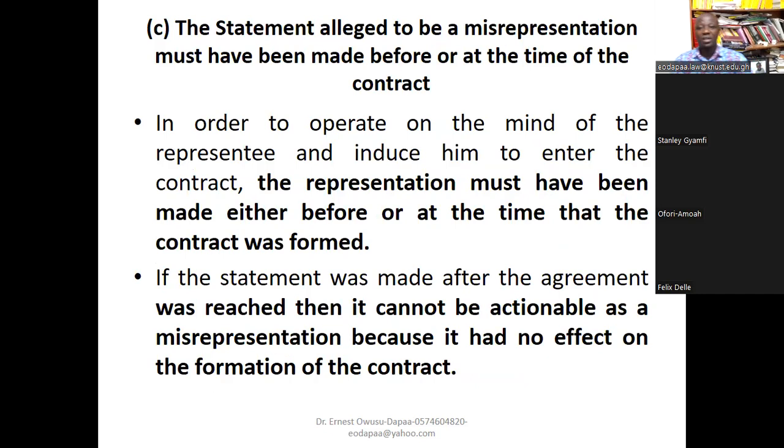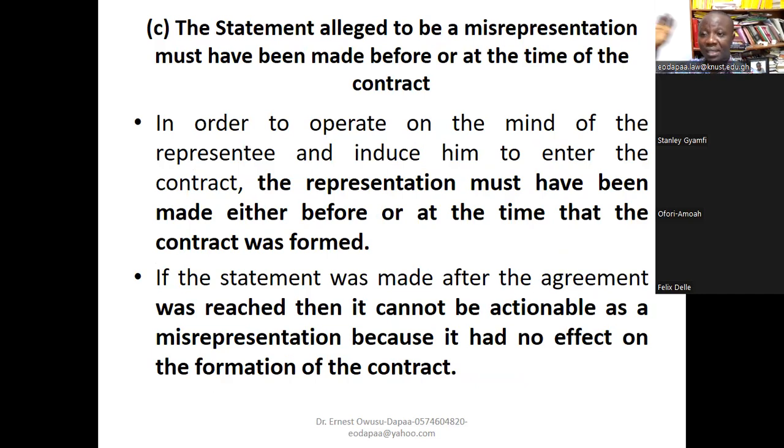Again, the statement which was alleged to be a misrepresentation must have been made before or at the time of the contract. We've talked about that already, but we need to zoom in a little bit on it, or take a closer look.